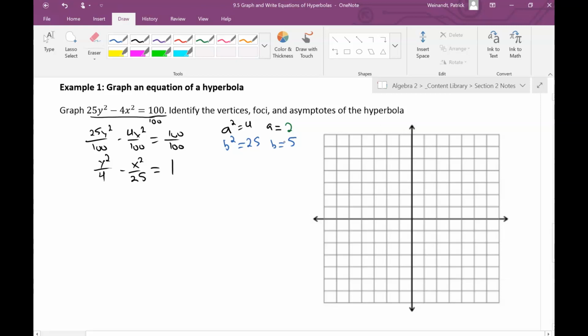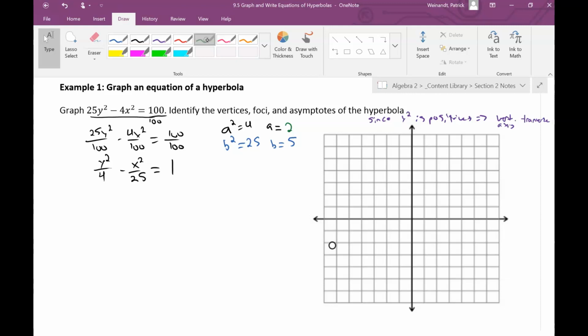So we can plot these points. Which value is positive, y squared or x squared? Since y squared is positive, that implies we have a vertical transverse axis.